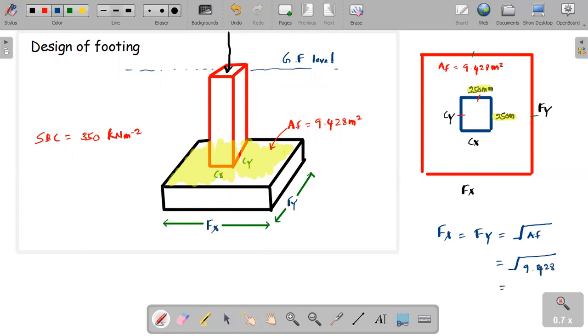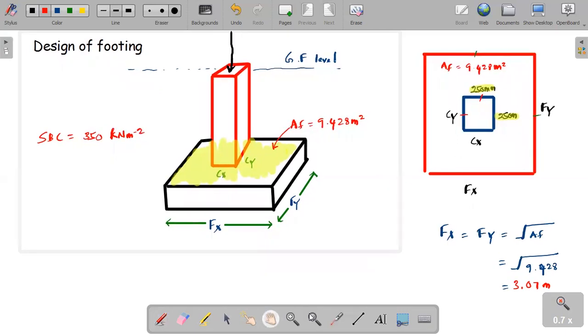So the square root of 9.428 should be equal to, you can find it by using the calculator, 3.07 meters. So we found this length should be 3.07 meters, and this one also should be 3.07 meters. That's how we find the fx and fy of a footing if the column is square type.